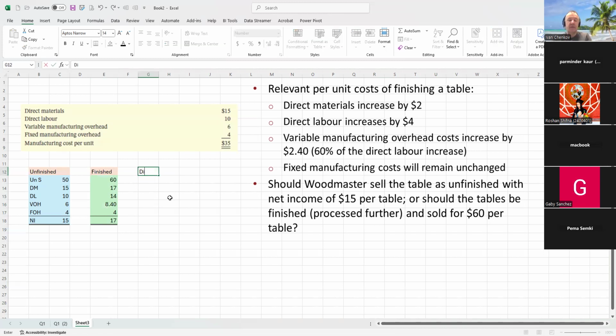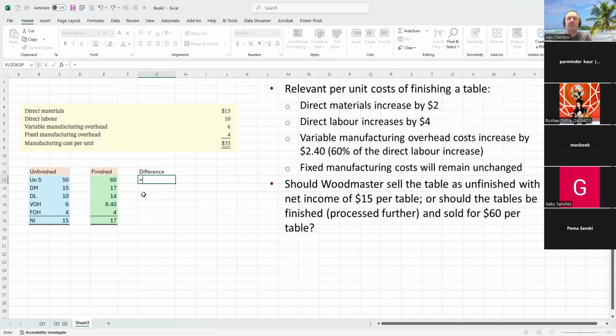Let's see the incremental analysis. If we process it further, what's going to happen? How much more income are we going to get? But now I have to pay cost. How much will be my cost?